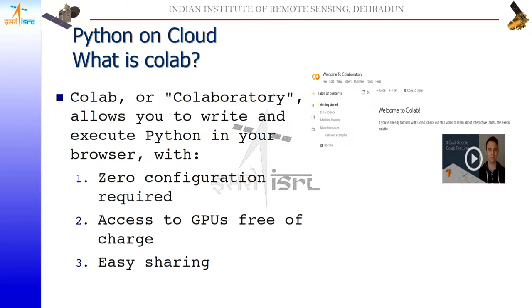Colab, or Collaboratory, allows us to write and execute Python in our browser with zero configuration required. It's a ready-made thing for you. You just log in with your Google credentials and everything is set up. They give you a virtual machine in which Python is already installed, and all the basic libraries generally required for geospatial data processing or machine learning come pre-installed.